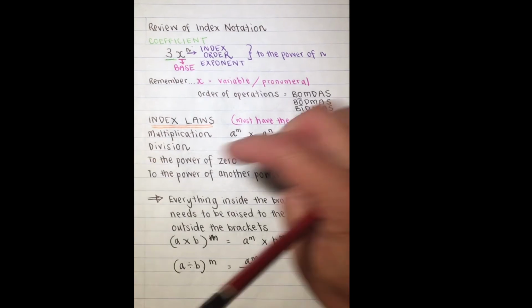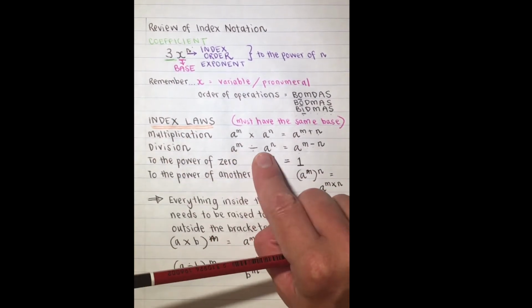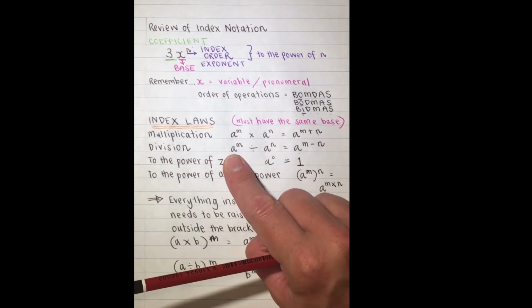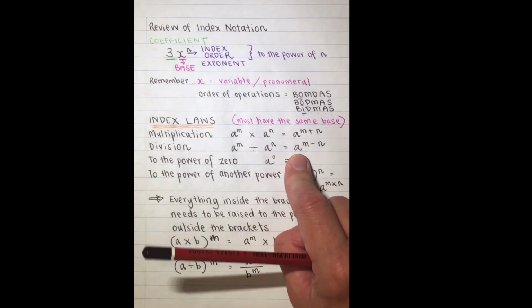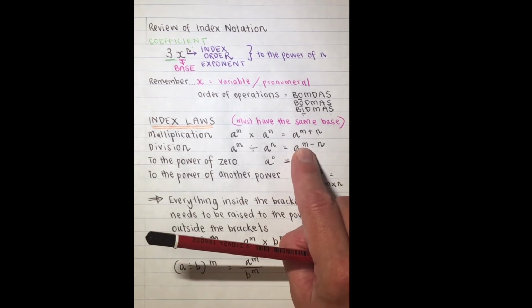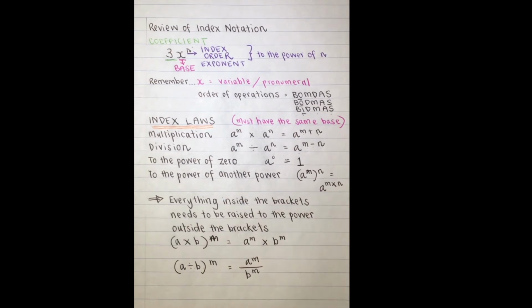So the rule for division using index laws, where I've got the same base, is a to the power of m divided by a to the power of n equals a to the power of m minus n. Excellent. Again, let's step it up a notch and make that a little bit more complicated, and we'll involve some coefficients.